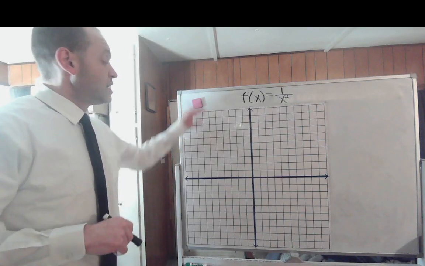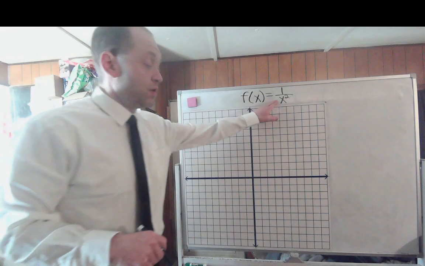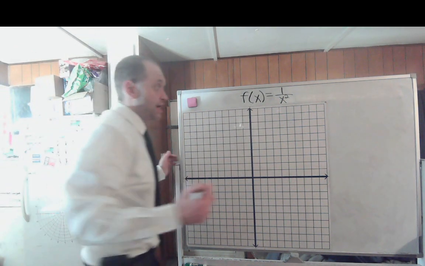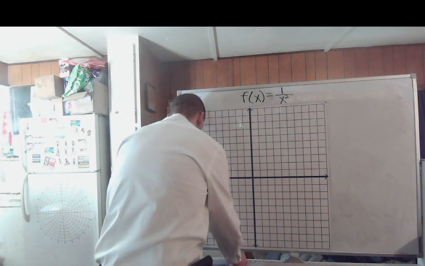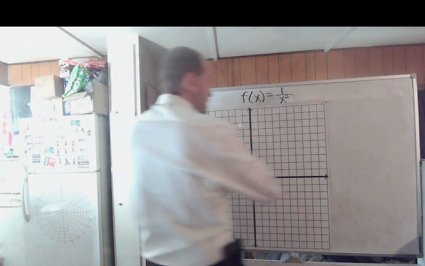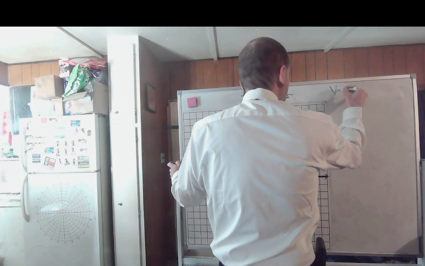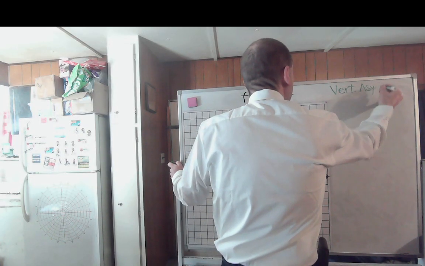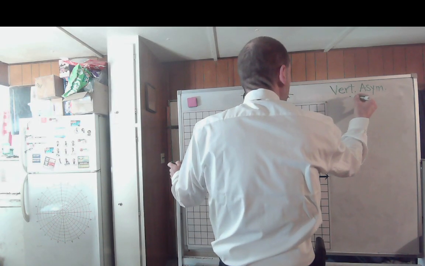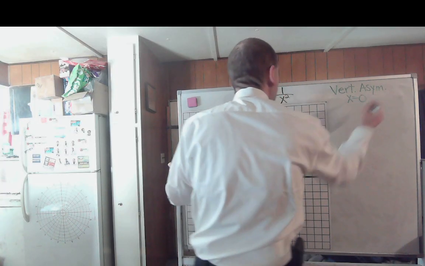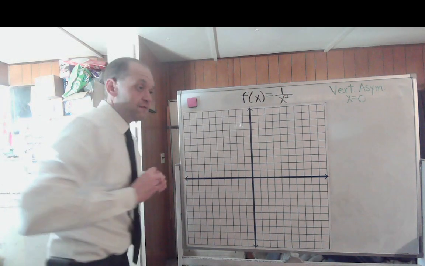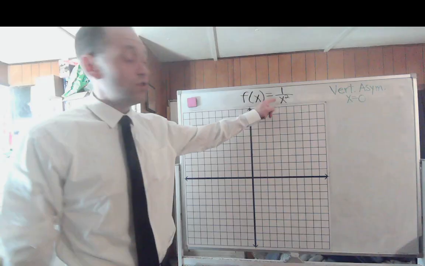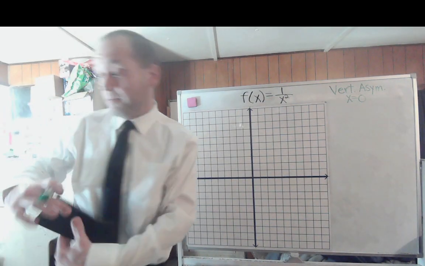Well, I'm definitely going to have a vertical asymptote, because if you set x squared equal to 0, you would get x equals 0. So that'd be the entire y-axis. So you'll have a vertical asymptote at x equals 0. Now you would also have a default horizontal asymptote at y equals 0, because the degree of the numerator is less than that of the denominator.